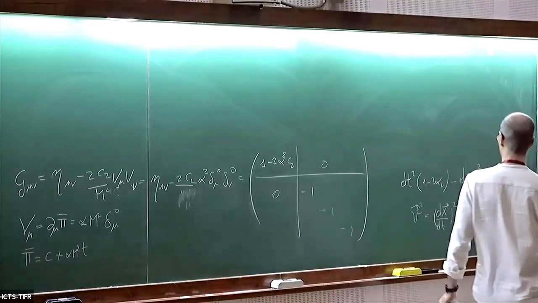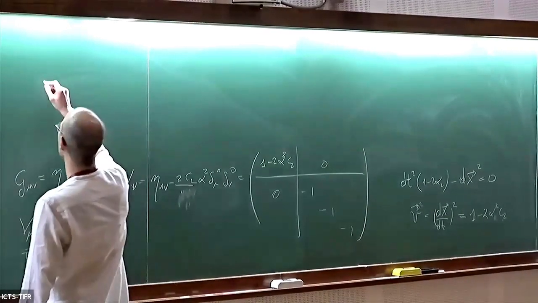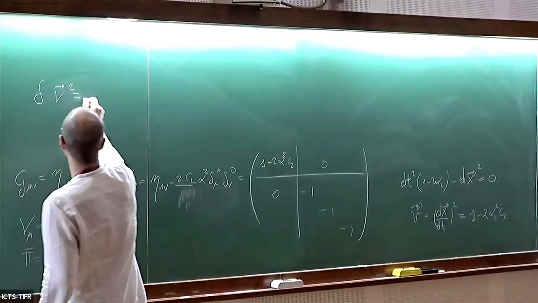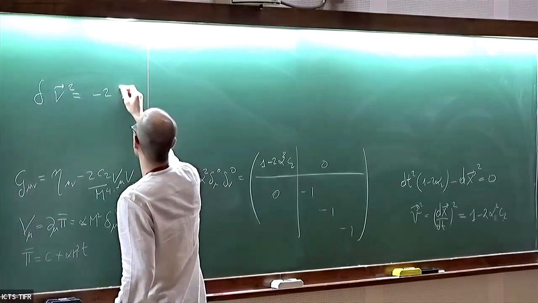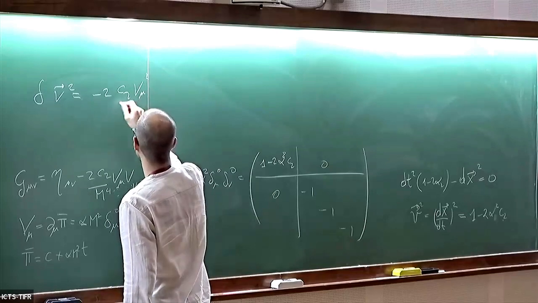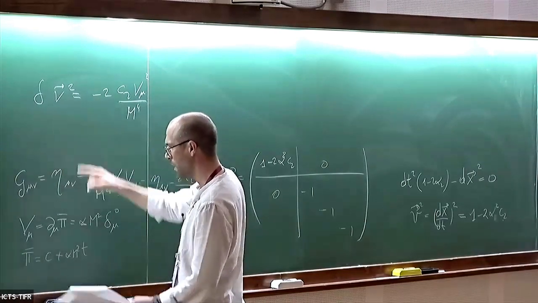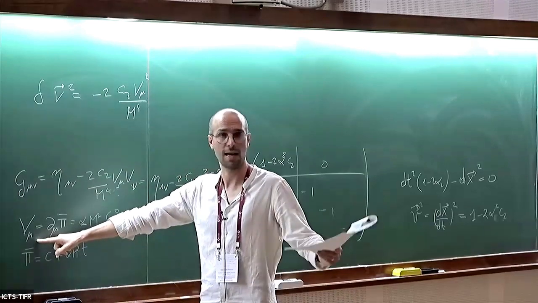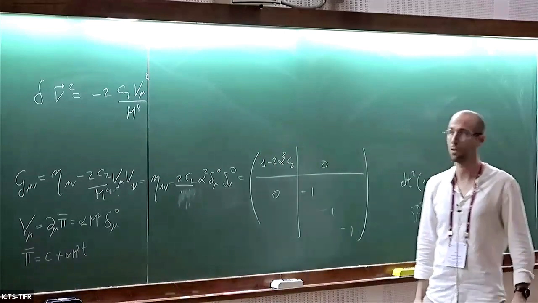So in general, a more covariant expression for the variation of the speed is just minus 2 C2 mu squared over m to the fourth for a time-like V. Exercise for the audience: repeat for a space-like V, and see what happens.